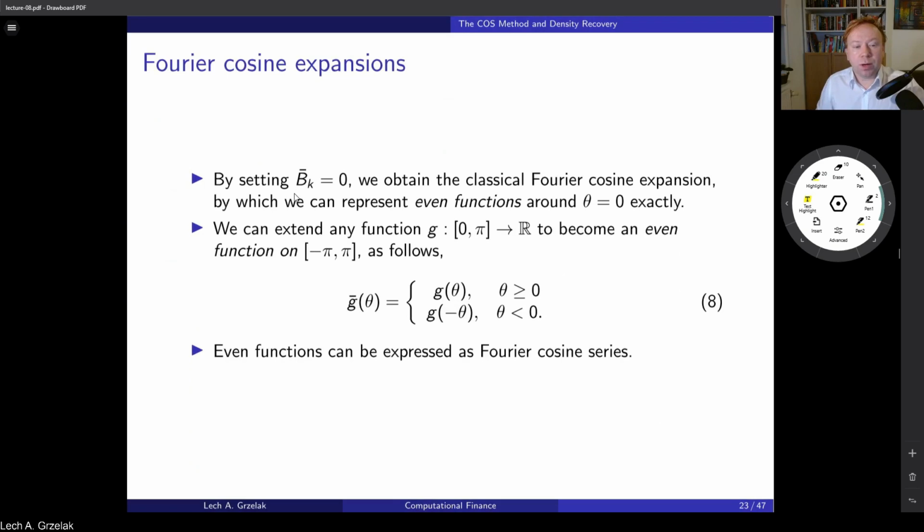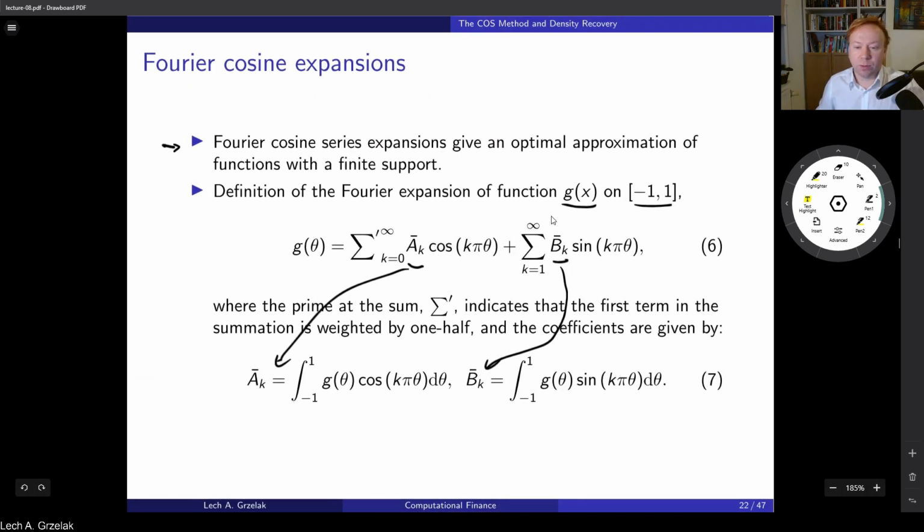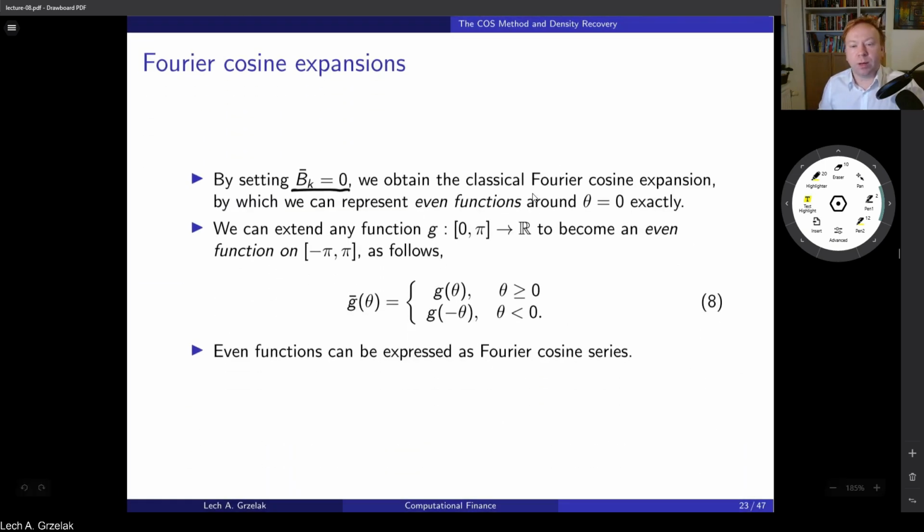Of course, we have the COS method, so you can imagine that the sine expansion is not of interest, so we choose the bk coefficients to be 0, and then we obtain a classical Fourier cosine expansion. So it's a cosine expansion, and this is actually the name of this method. It's the COS method, which comes from this cosine expansion, by which we can represent even functions around theta equals 0 exactly.